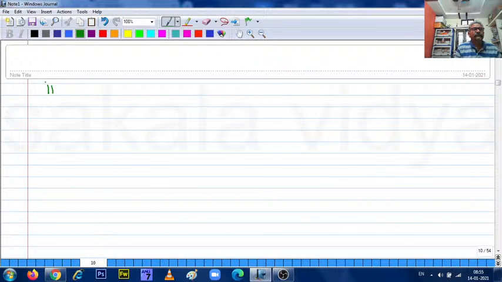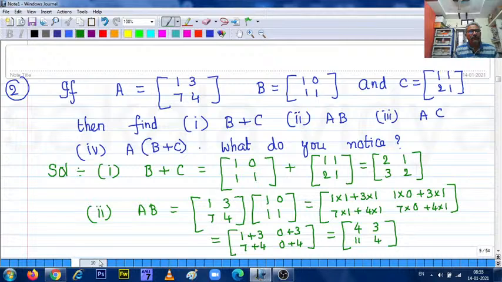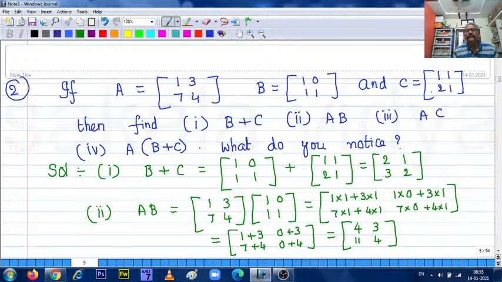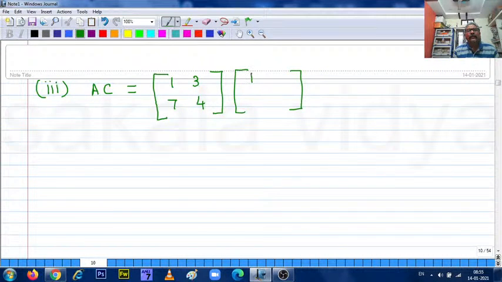Okay, can you find out now AC? Third one. Let us find out AC. A is 1 3 7 4 multiplied with C. C is 1 1 2 1. So let us multiply. Now what do we get? First row, first column: 1 into 1 plus 3 into 2.